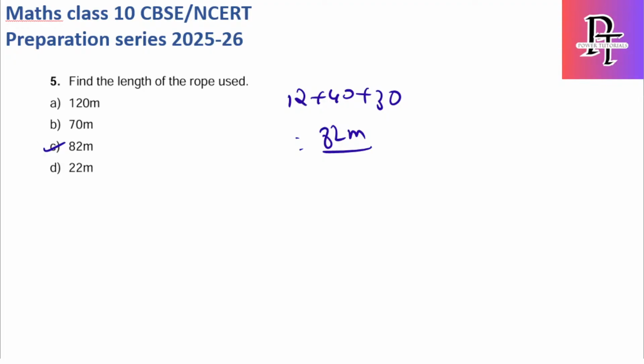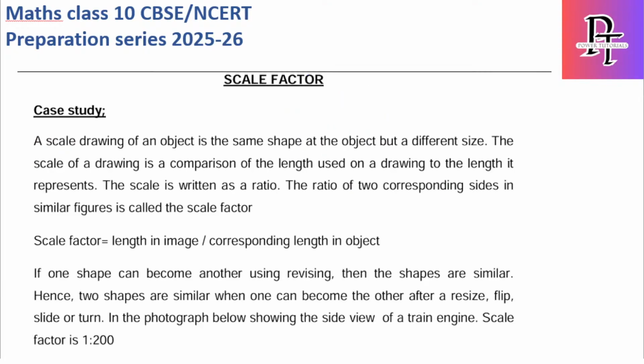Okay, let's move to the last case study. Case study 3. A scale drawing of an object is the same shape as the object, but a different size. The scale drawing is a comparison of the length used on a drawing to the length it represents.